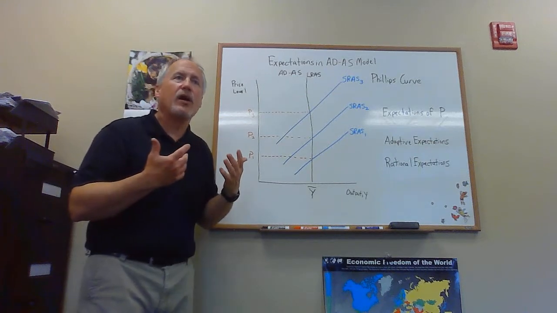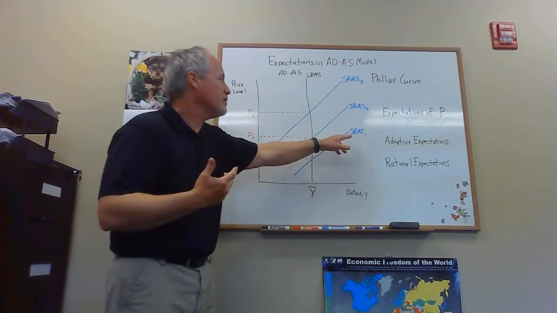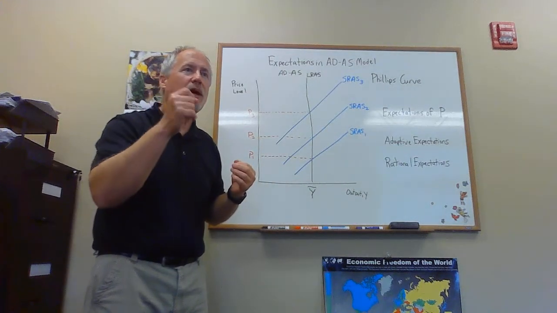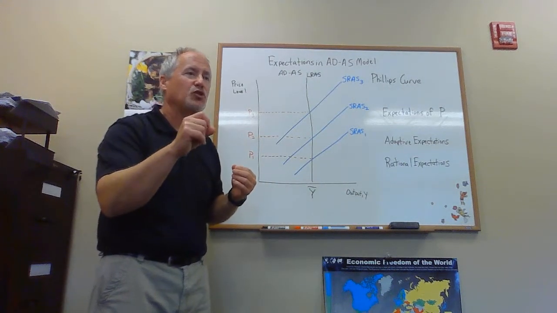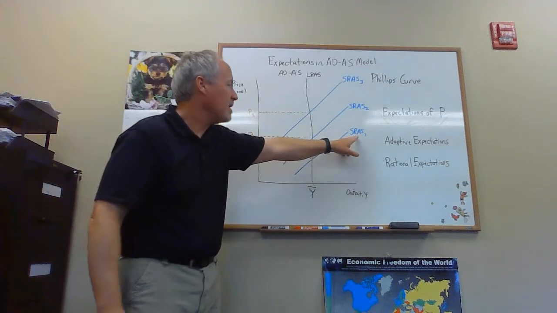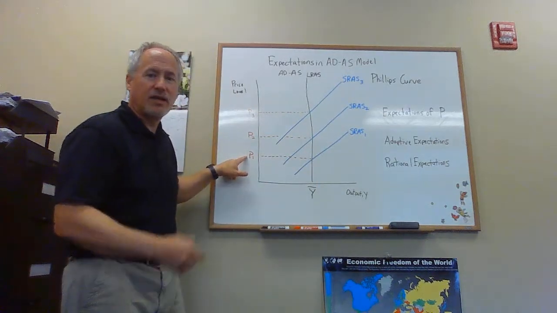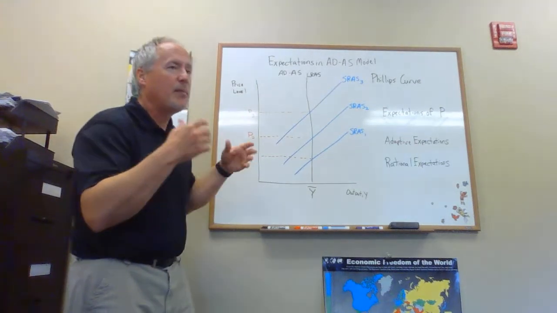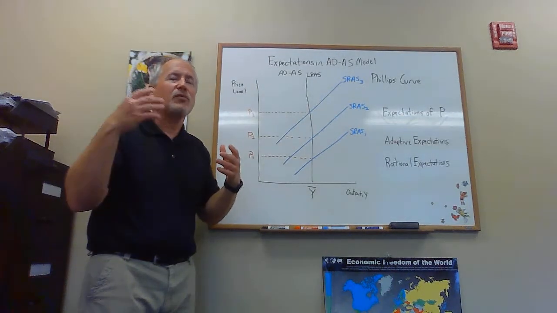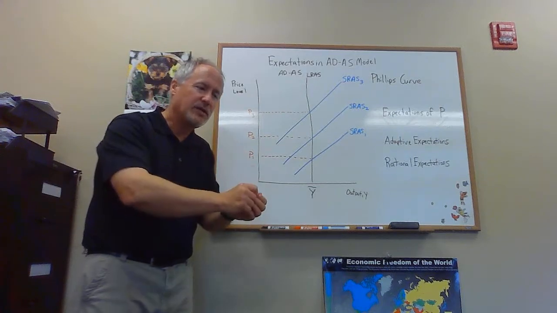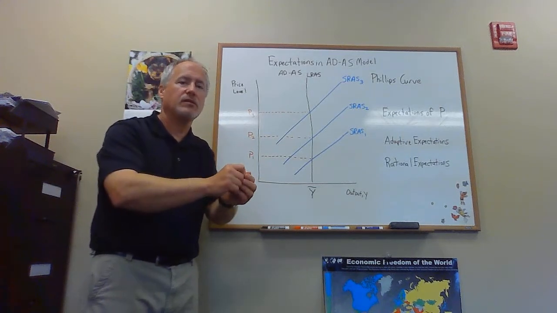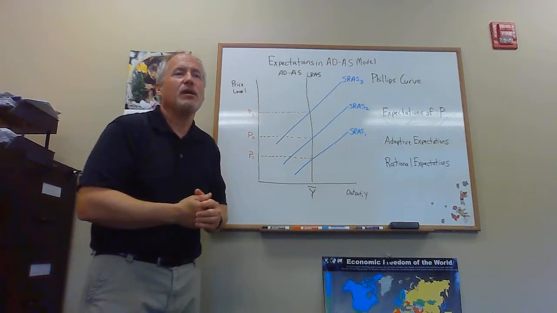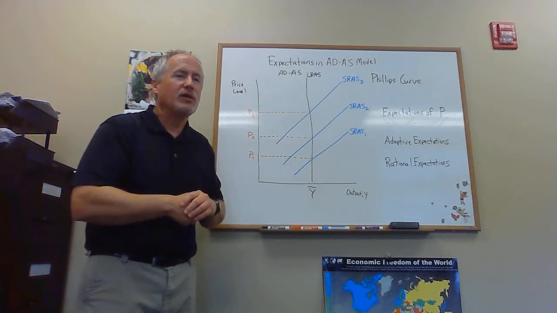The way to think about it is that each of these different short-run aggregate supply curves is based on people expecting the price level to be at a certain given level. SRAS1 is really based on the expectation that the price level in the economy is going to be P1, because when you set some prices or wages in advance, you have to think about what level you want to set them at.